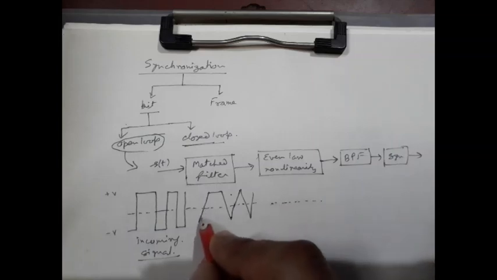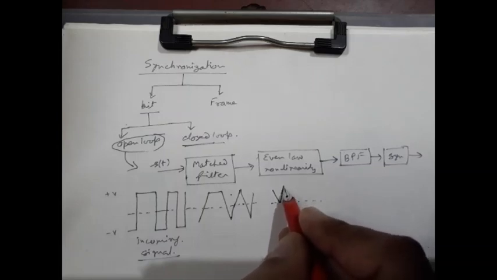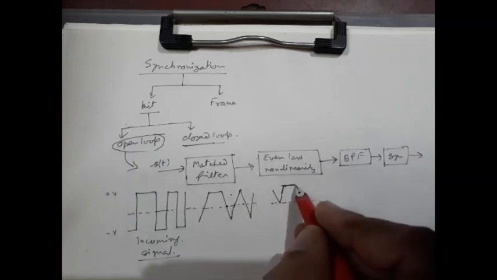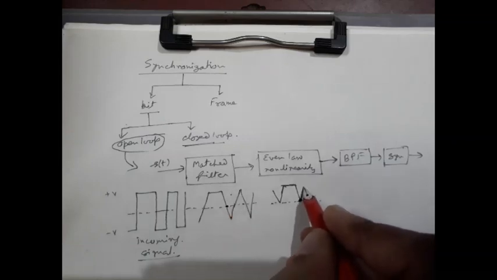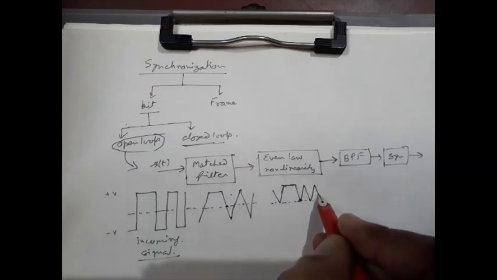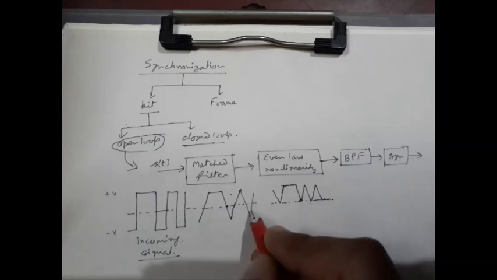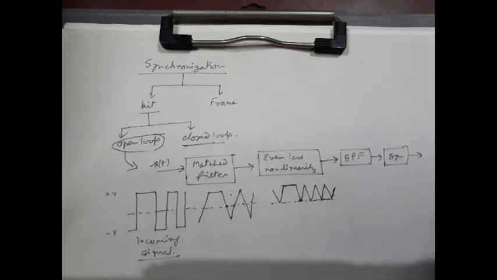So instead of this negative side, it will start from this part, then we have this one up to this point, and this one will be converted into positive polarity like this. Next we have the original positive polarity, then another negative polarity that will be converted into positive polarity, and we have this one. So this is the output of the even law nonlinearity.